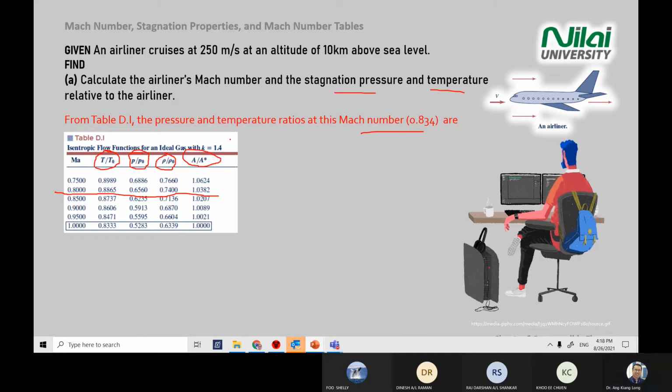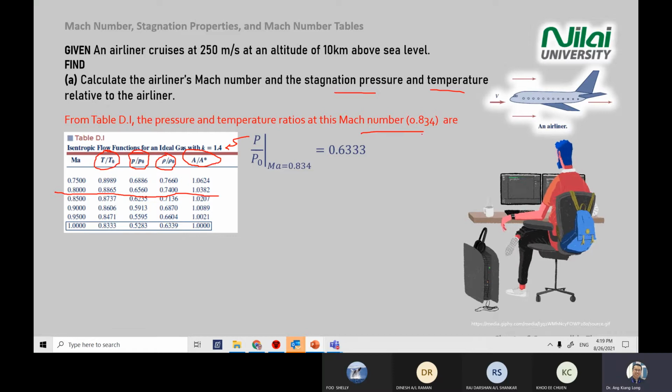Again, this table is for k equal to 1.4. So you do interpolation. When you do interpolation at Mach number 0.834, you will get 0.633. It is about here.